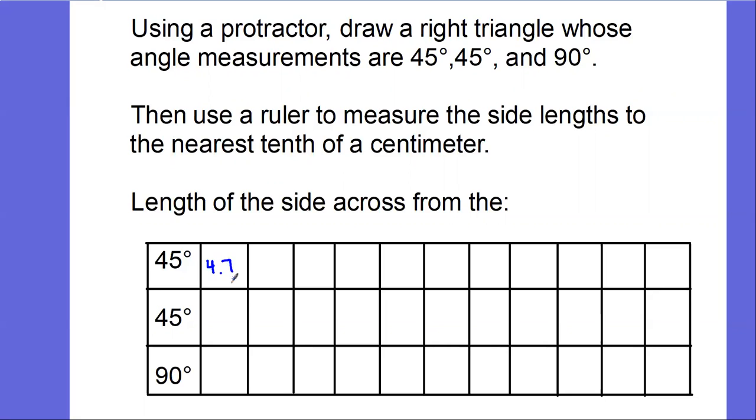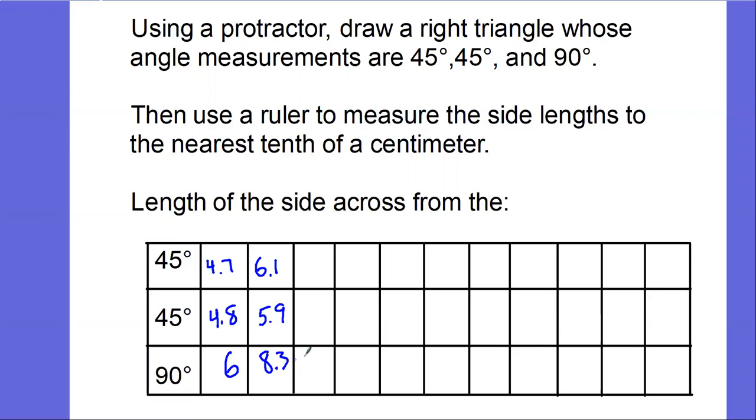There was one person that drew a 45, 45, 90 triangle, and they told me that they had a 4.7, a 4.8, and a 6. There was another person who drew me a 45, 45, 90, and they had 6.1, 5.9, and 8.3. And we'll do maybe two more here.